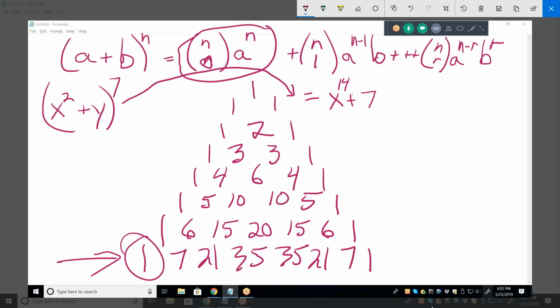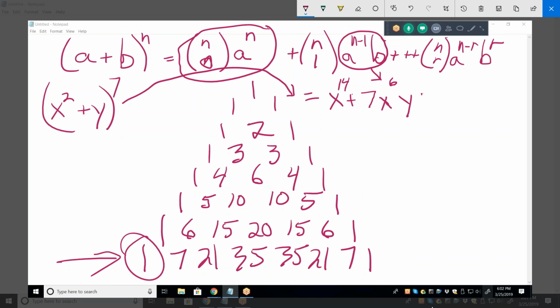Okay, the second term: now this is where it's x squared to the 6th power. And this does have a y in it, and it's y to the 1. That coefficient came from 7, or Pascal's triangle.